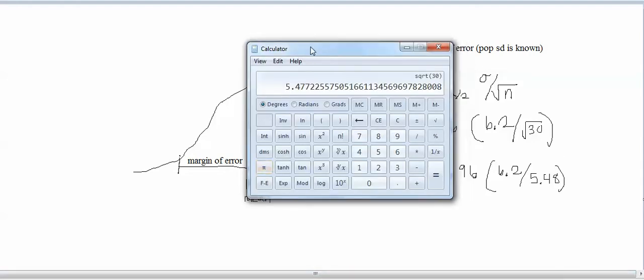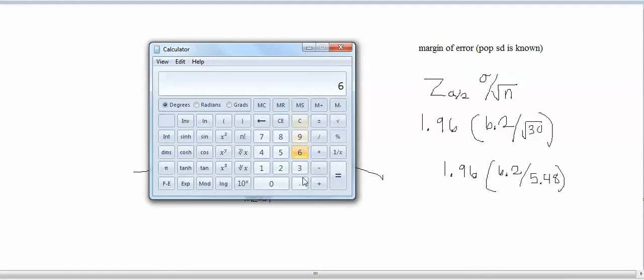We divide those two numbers. Comes out to about 1.13.